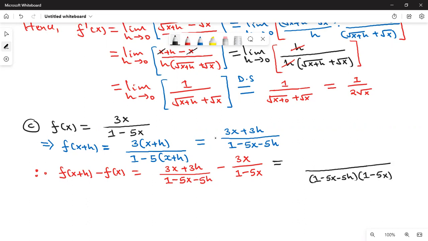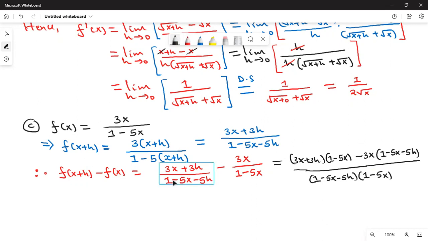So that in the numerator we are going to get (3x plus 3h) times (1 minus 5x), then subtract 3x times (1 minus 5x minus 5h).